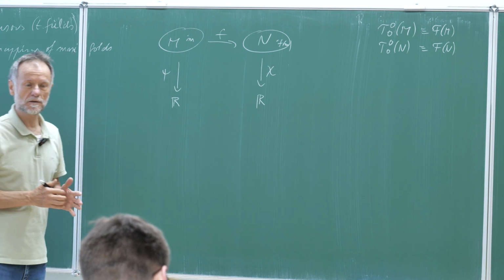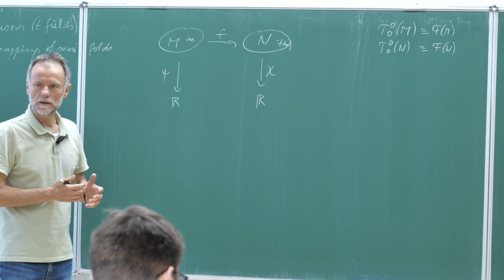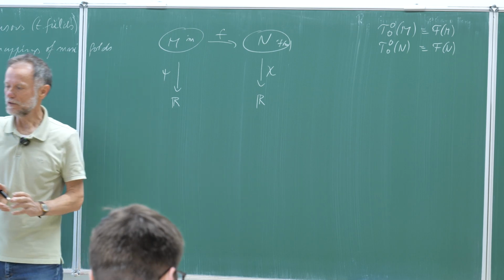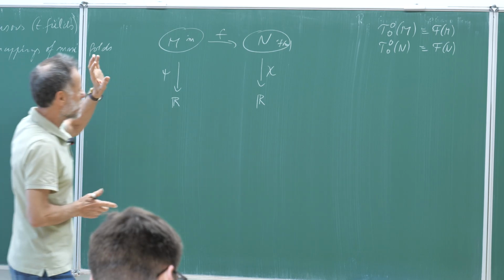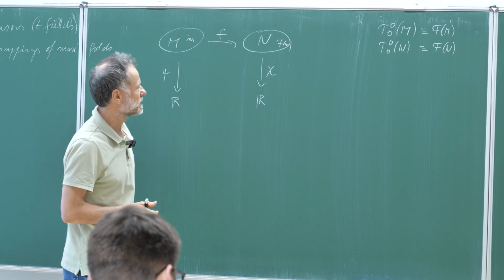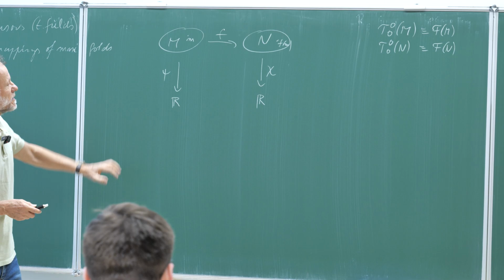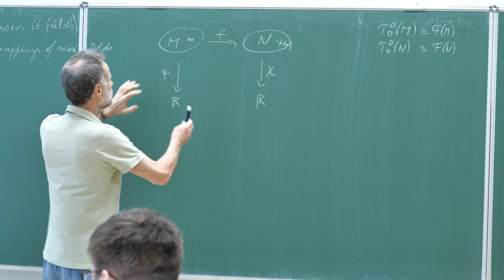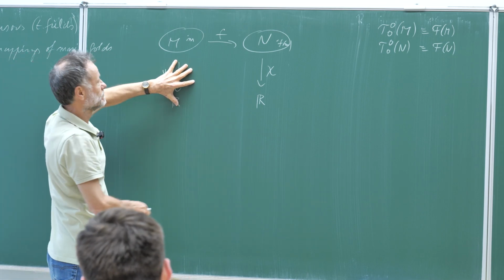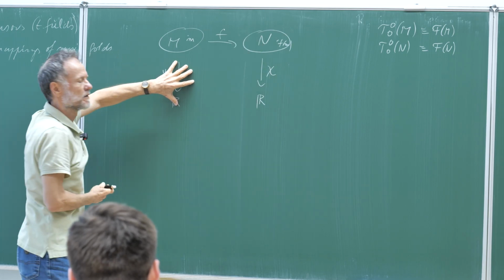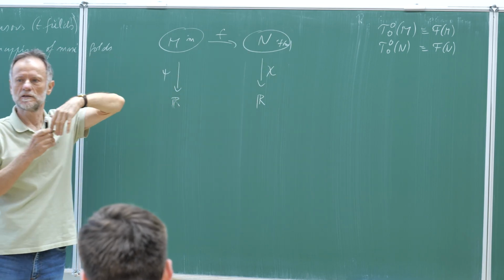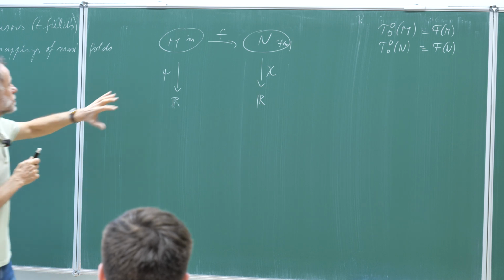Now the question is that if we have one of them, can we construct another one, not the one which is here, but some other one? What I mean is, for example, if we don't have this function, we just have a function on manifold N. Is it possible to construct canonically some function on M?